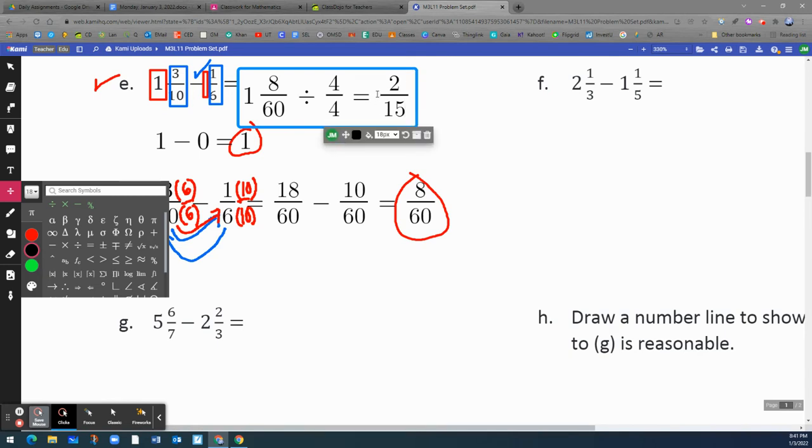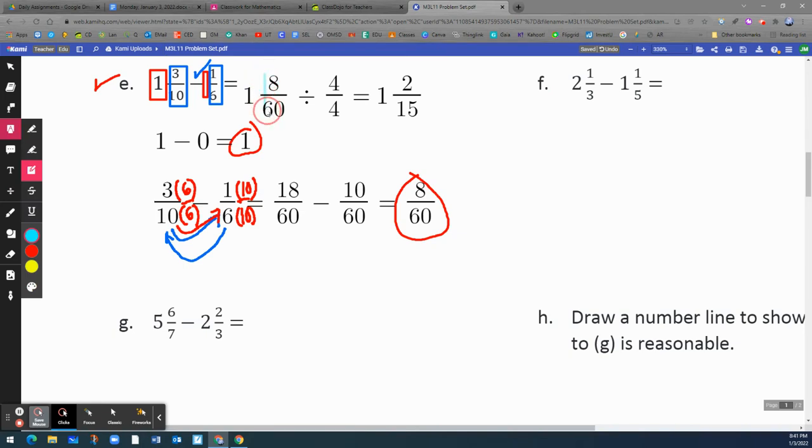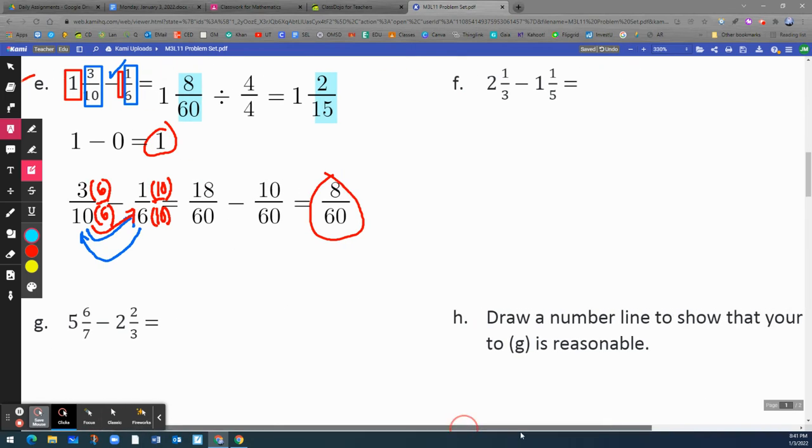So now we can add the whole number, which is something we did not have to mess with, because the only elements we needed to simplify were the fractions, which is 8/60. Now 8/60 can be written also as 2/15. Okay, so that would be that segment there.